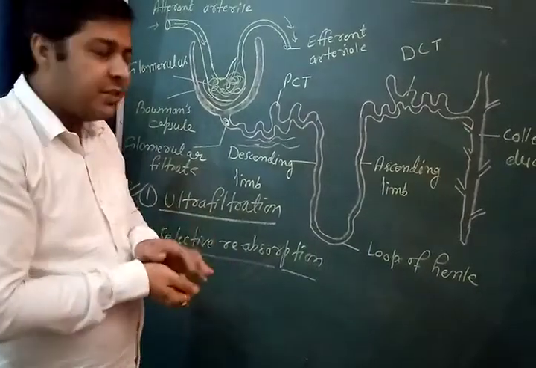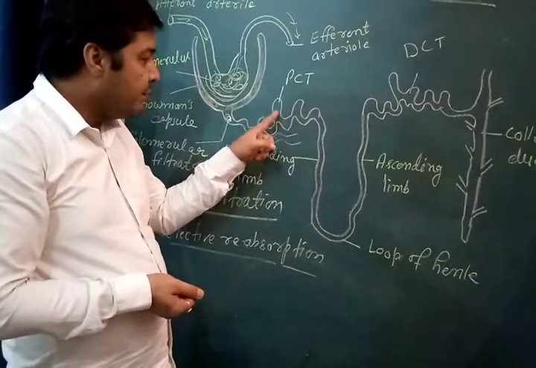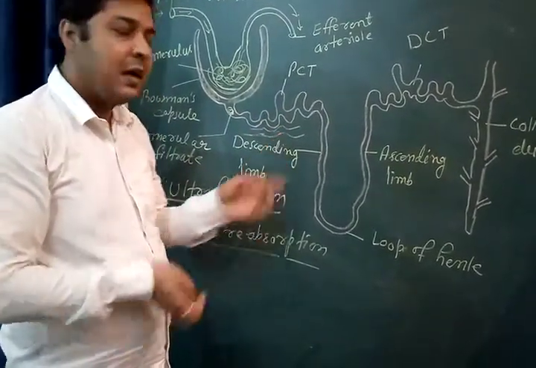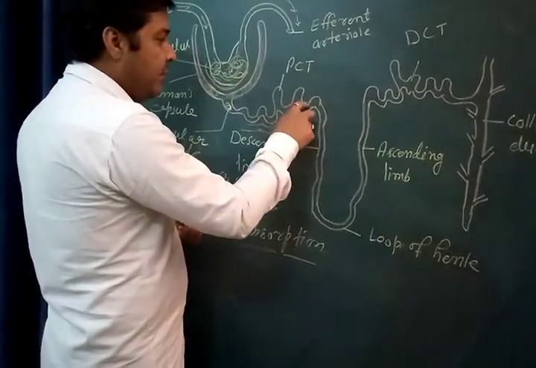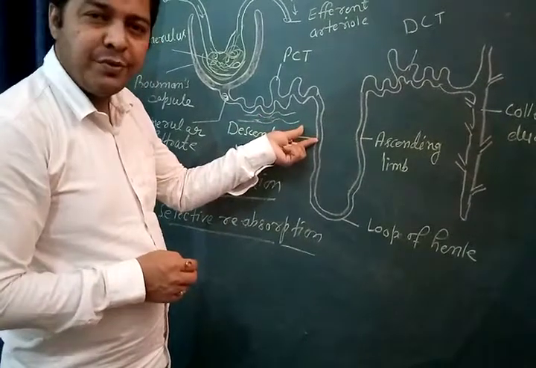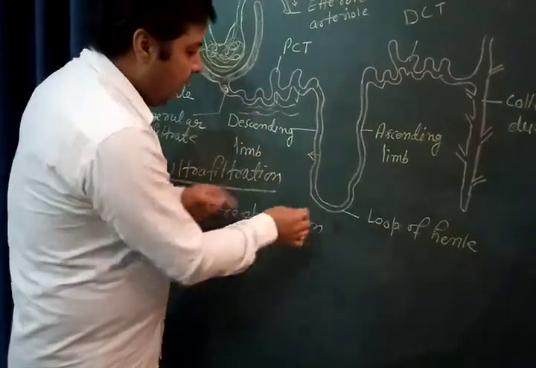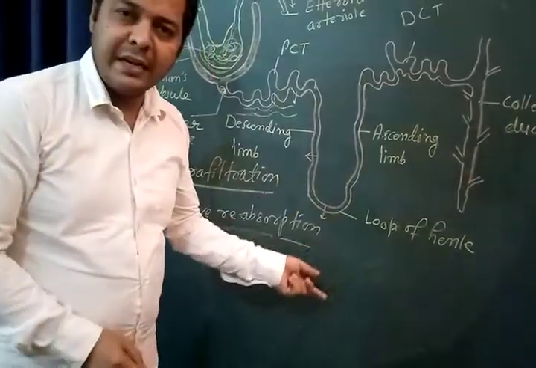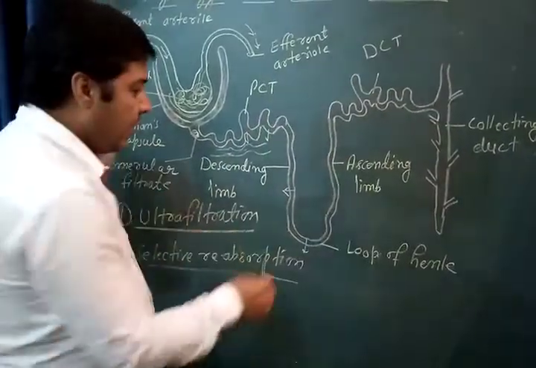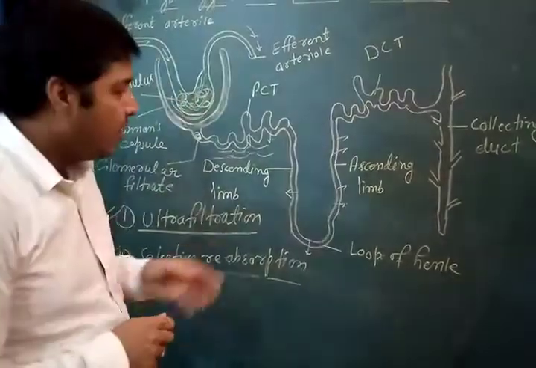Substances like glucose are absorbed from the filtrate into the blood vessels. Clear? And in the same way the filtrate is moving downwards. So here glucose, and here some amount of amino acids are reabsorbed. You see the reabsorption. Here some amount of sodium chloride, some chloride, and some phosphate are reabsorbed till here.